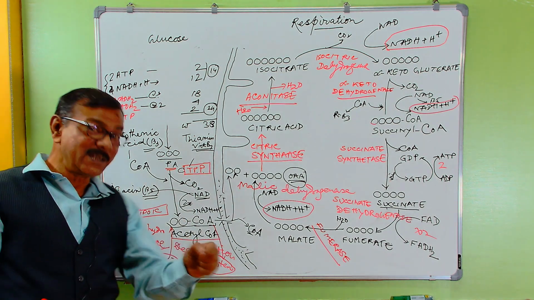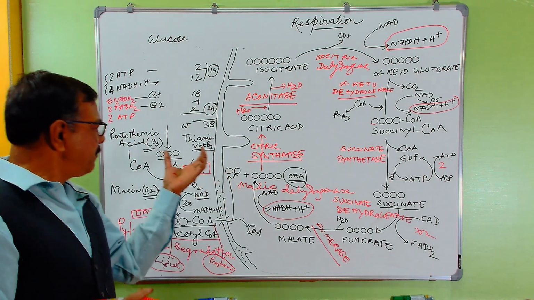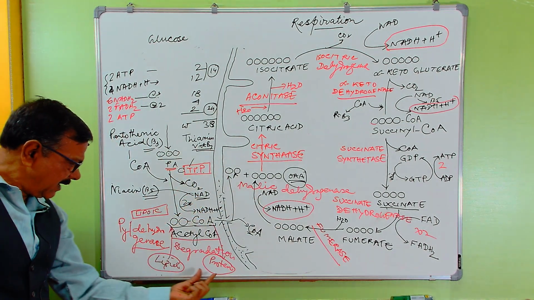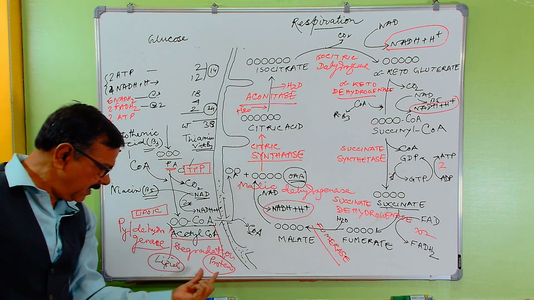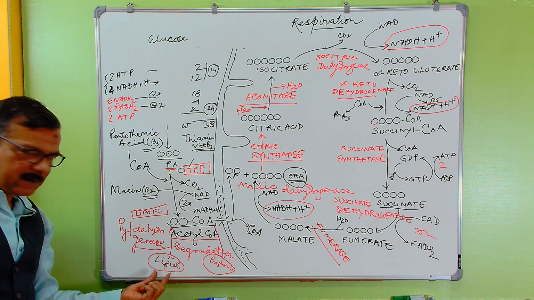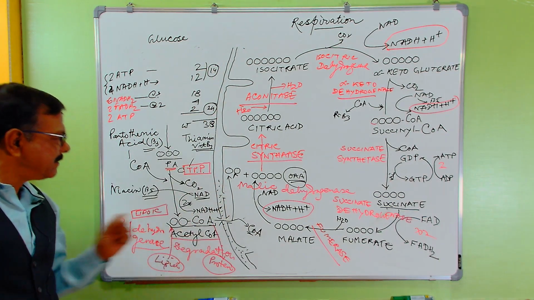So acetyl coenzyme is the key compound. There is a linkage between protein, fat and carbohydrate.